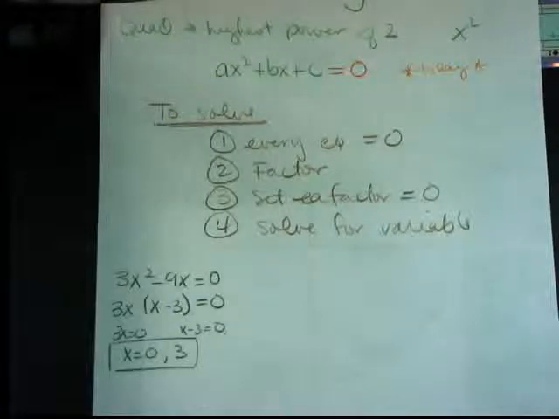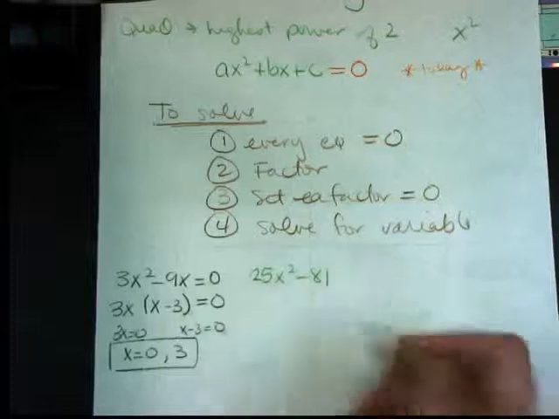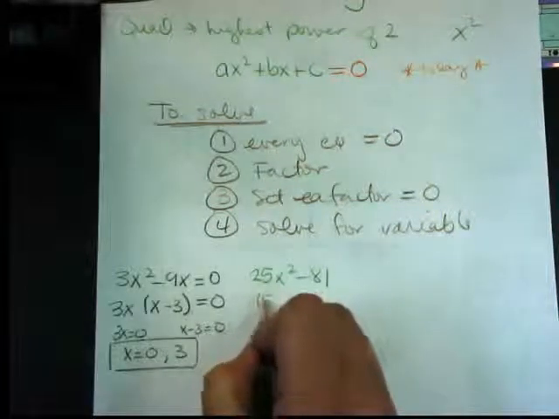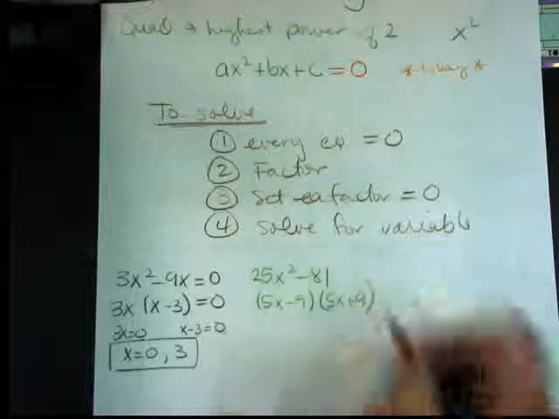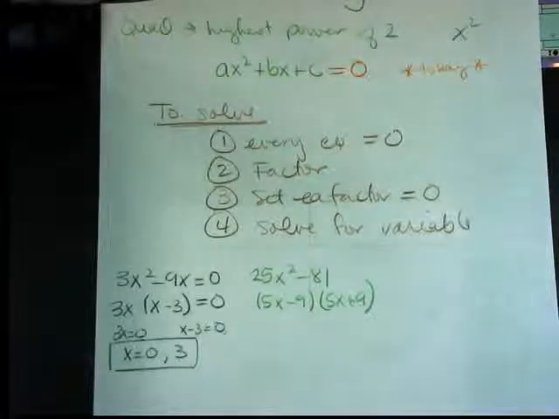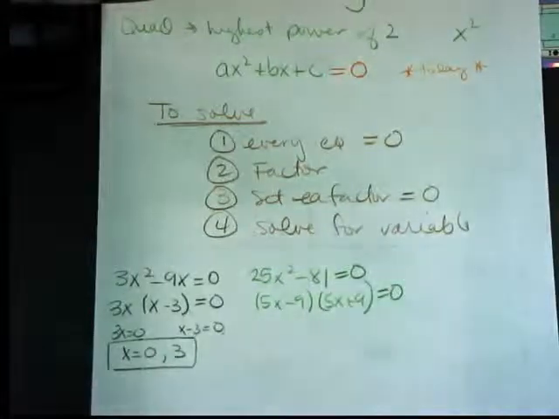All right, let's go to another example from that first day. 25x squared minus 81. We factored this down to 5x minus 9 and 5x plus 9. Again, I'm going through this fairly quickly because we should have already done this. But today we're throwing on that equal 0, because in order to solve it, it has to equal 0.